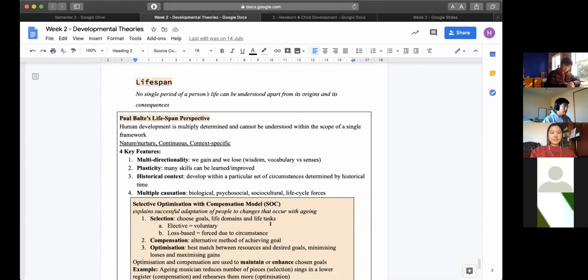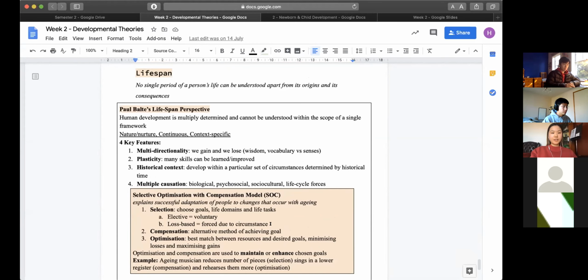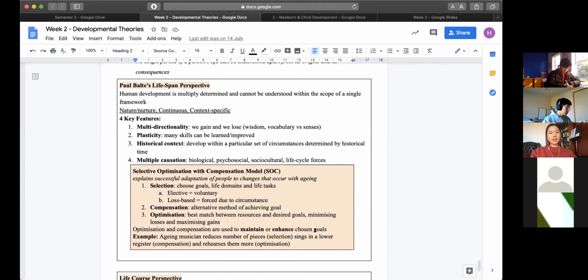And then lastly, the important one is Paul Baltes' lifespan perspective. It talks about how human development is determined by a multiplicity of factors, and you can't understand human lifespan development under a single framework, which is what we believe now.